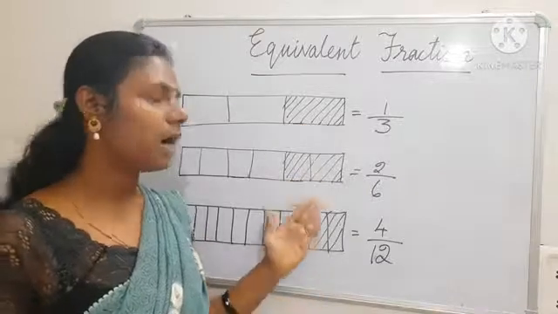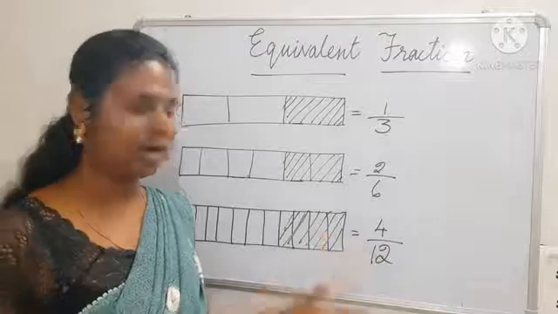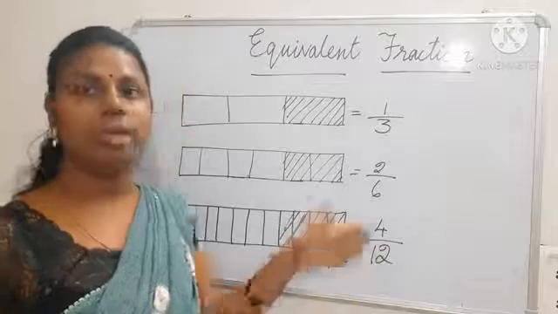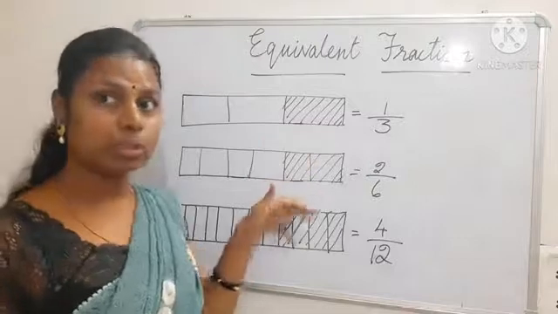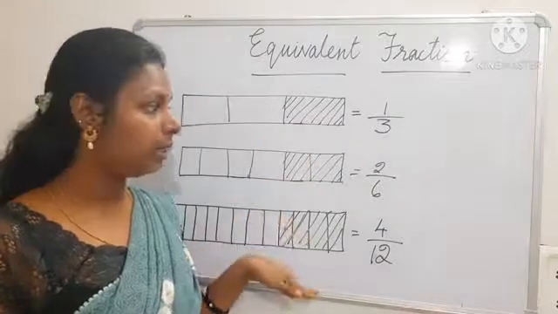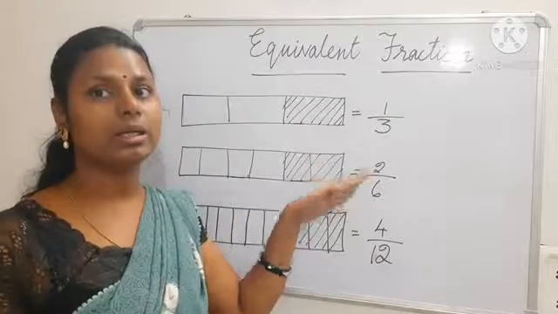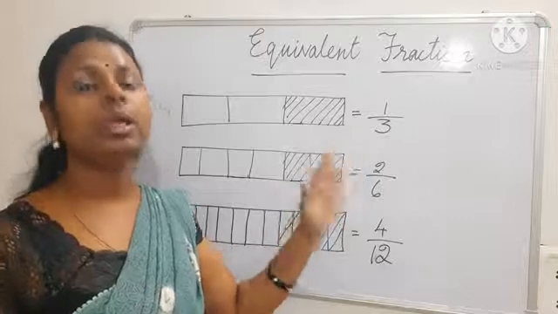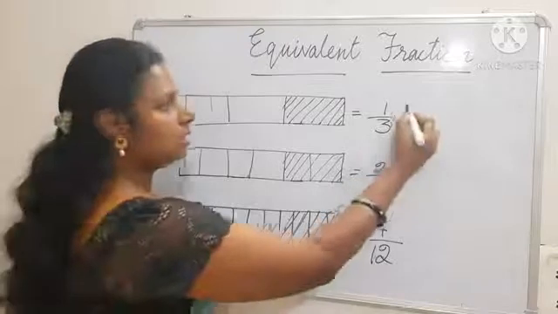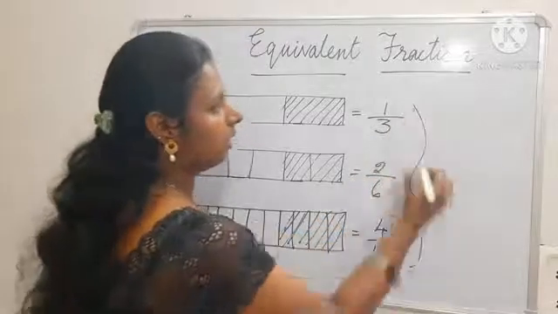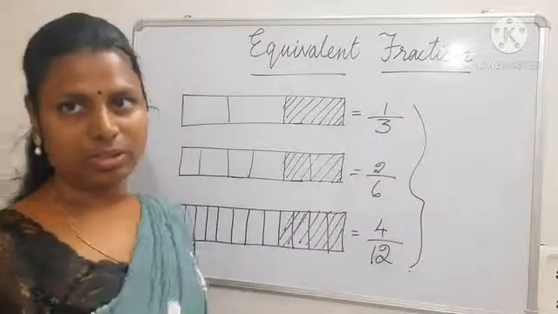So these are called equivalent fractions. The shaded portions are the same, but there are some changes in the numerator and denominator. So these 3 fractions are equivalent fractions.